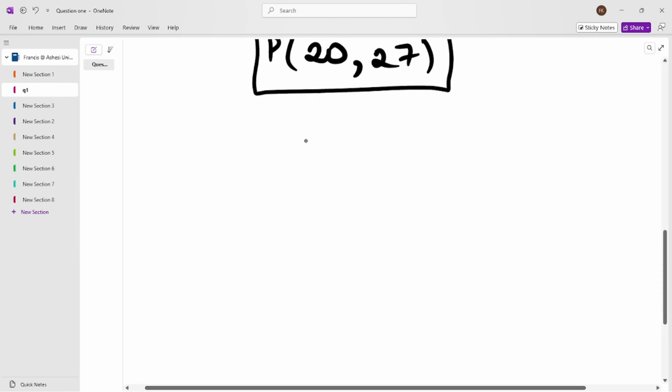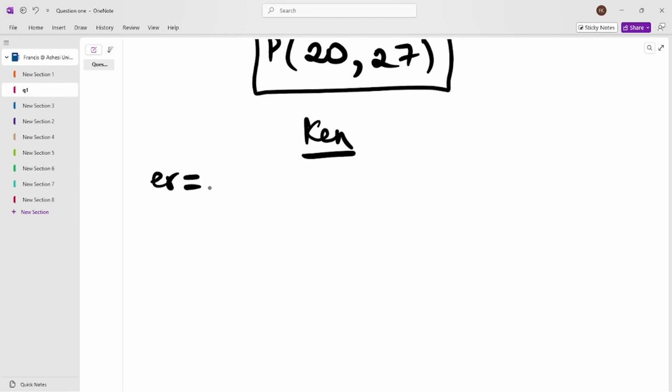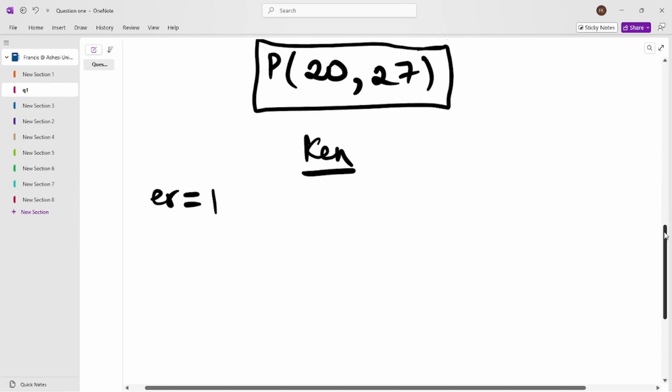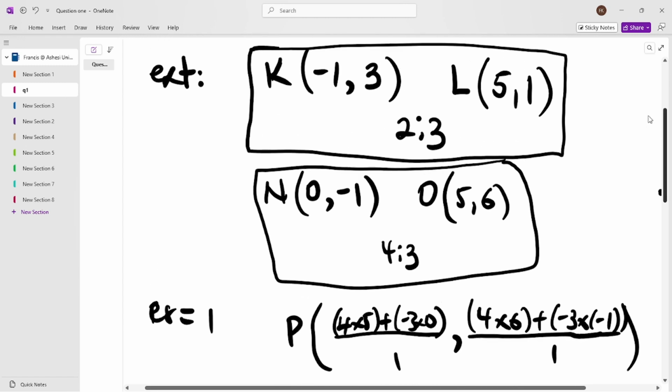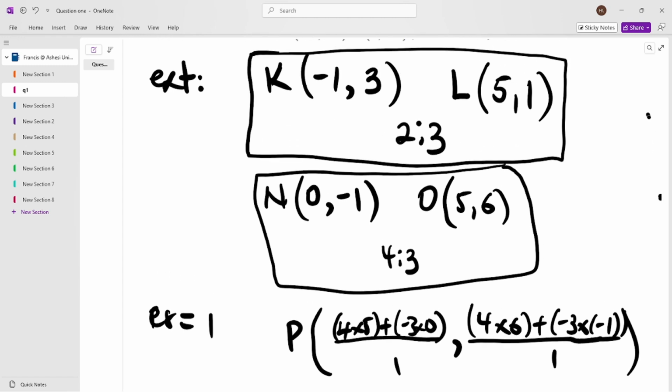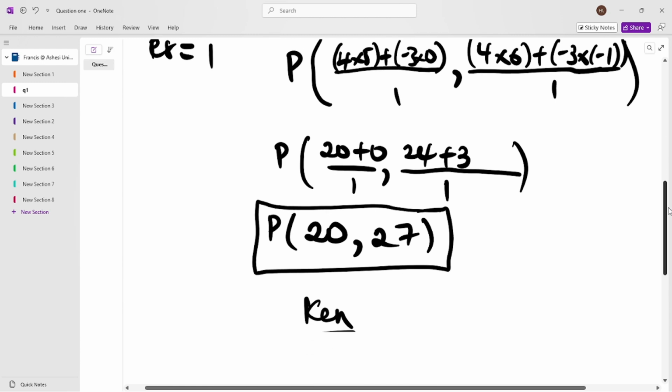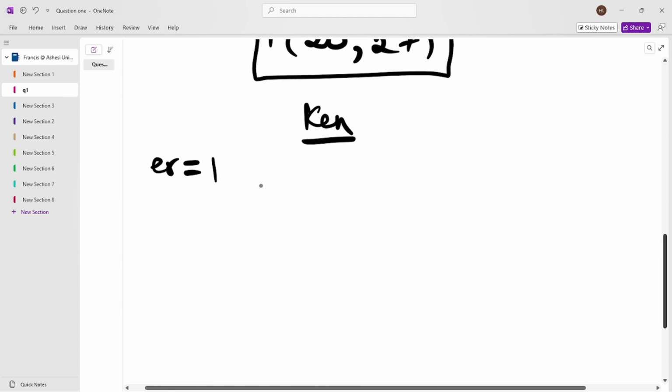So my effective ratio is 1. Which numbers did you give me? The difference is just one. Okay, let's go.